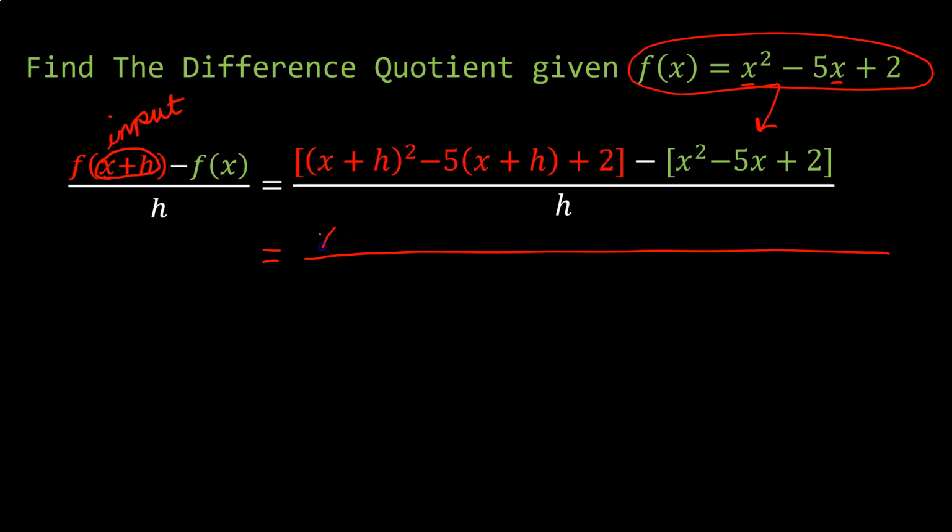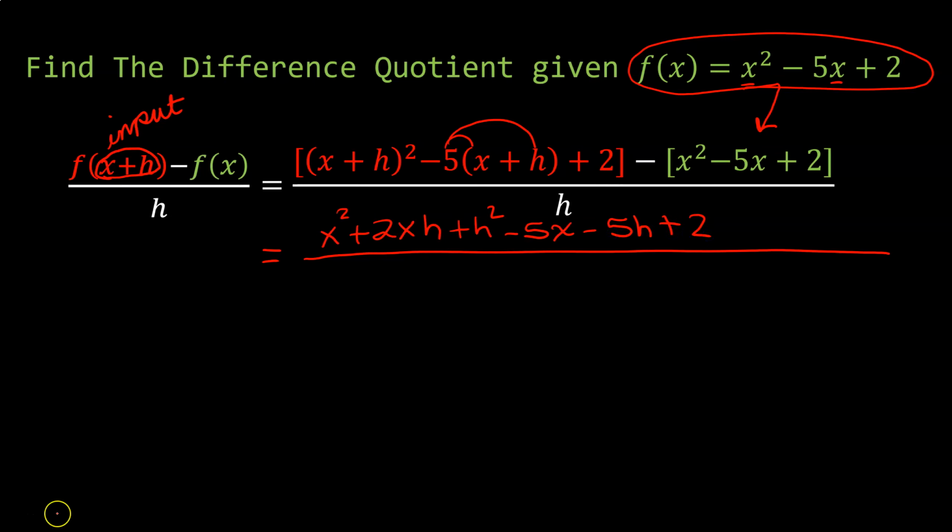x plus h squared is a binomial square. That would be x squared plus 2xh plus h squared. Distribute the negative 5, we will have negative 5x minus 5h plus 2.